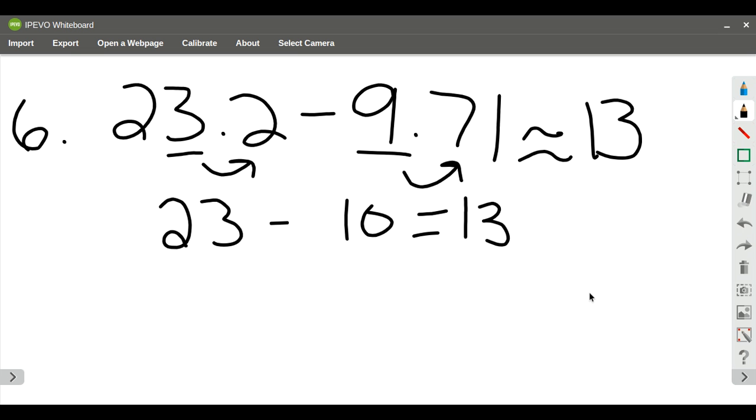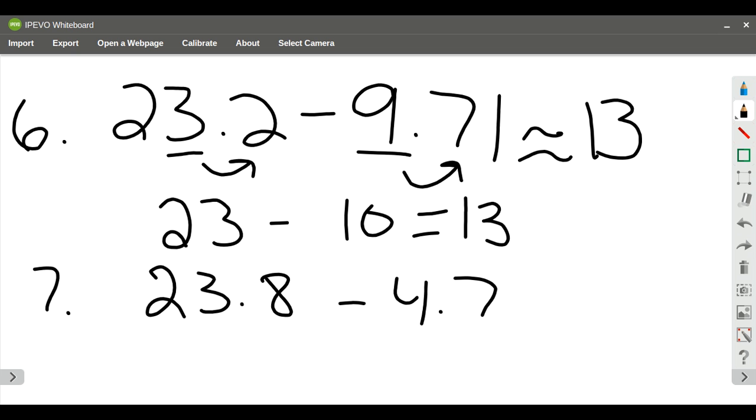All right, let's take a look at number 7. We'll just go right to the next one. So I have 23 and 8 tenths, subtract 4 and 7 tenths. Again, I can do this one of two ways. I can look at rounding, and when I round, this would give me 24 because 3 would round up to 4 because this is greater than 5, and then this would round up to 5.